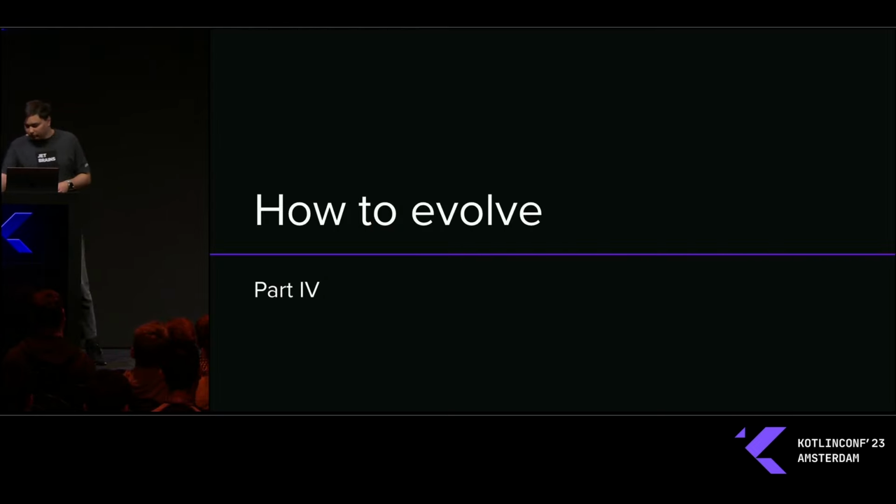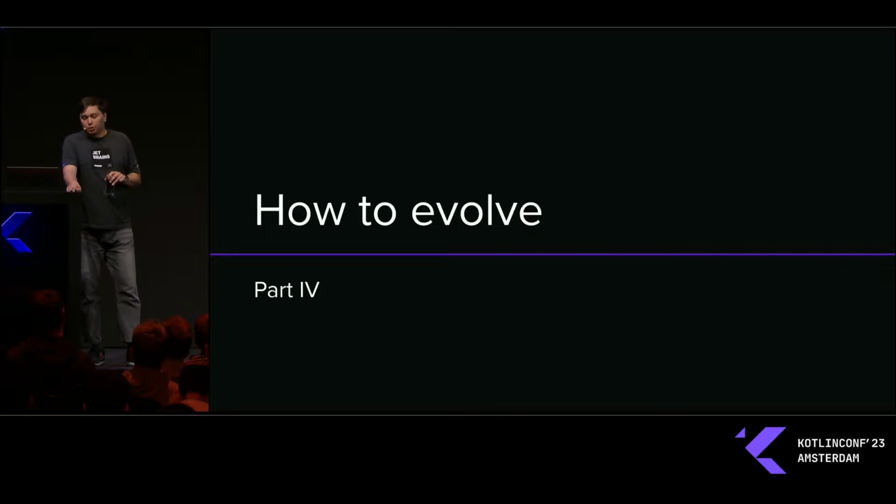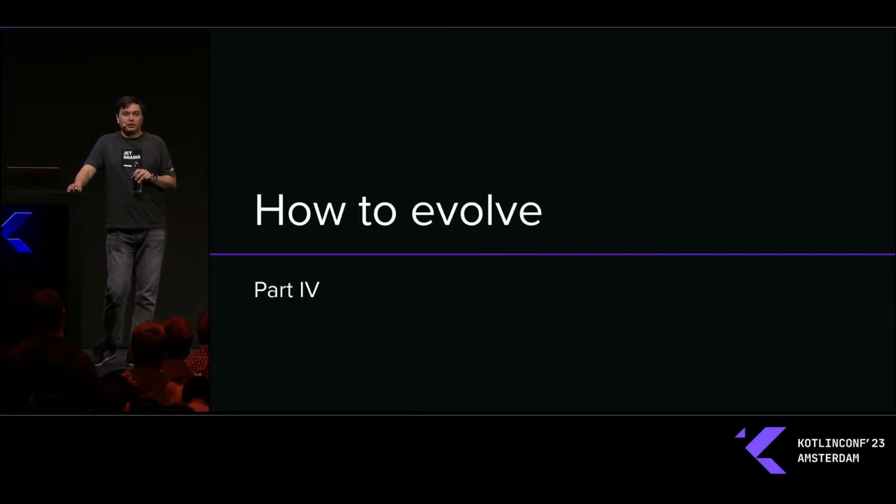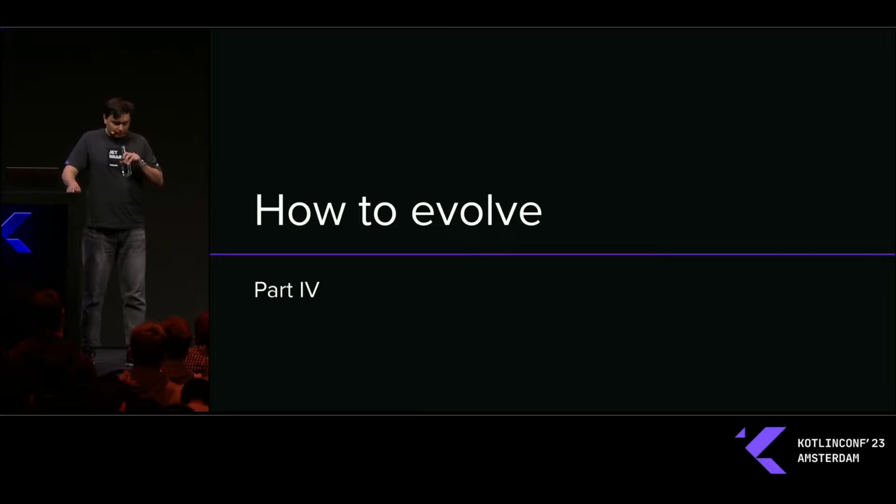So we've discussed a bit about deleting functions. And now I want to focus more on evolving and adding new functions and why it can be not as simple as you might think.